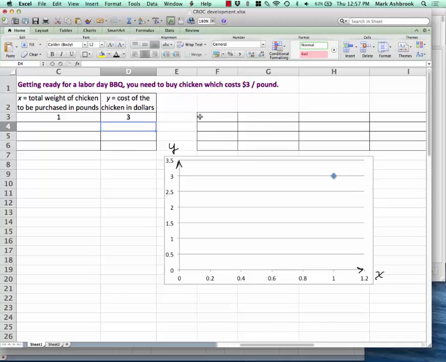And so that point right there, what it is giving us is two values that correspond. It's saying that when you have 1 pound of chicken, you pay $3 for that chicken. So that point is showing the values of two quantities that correspond.